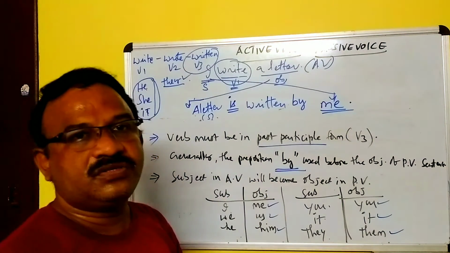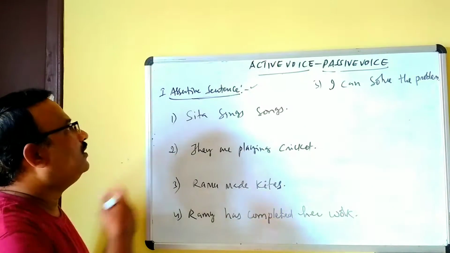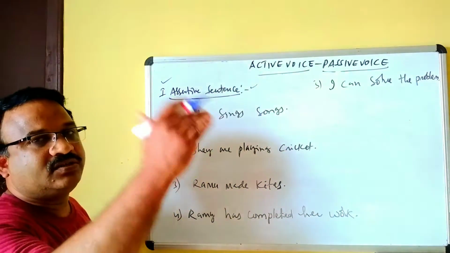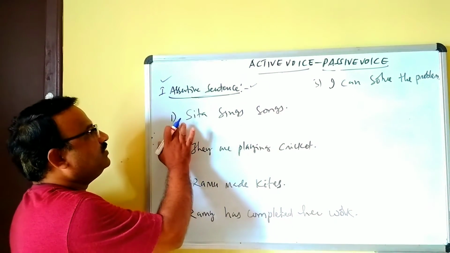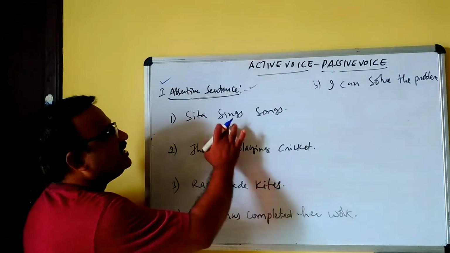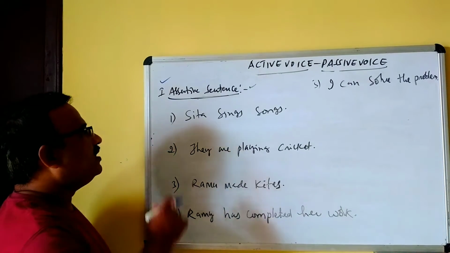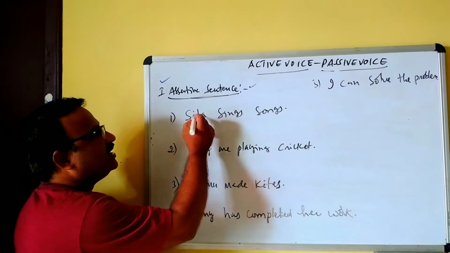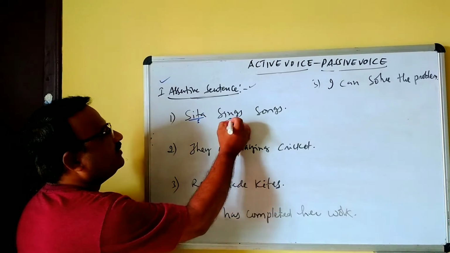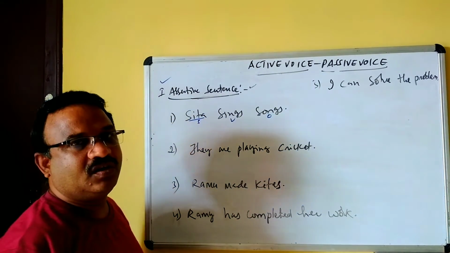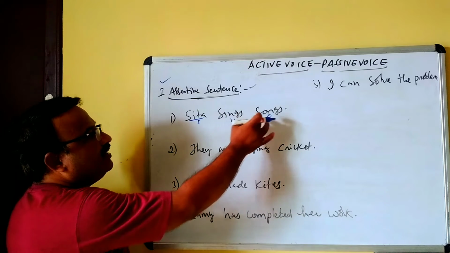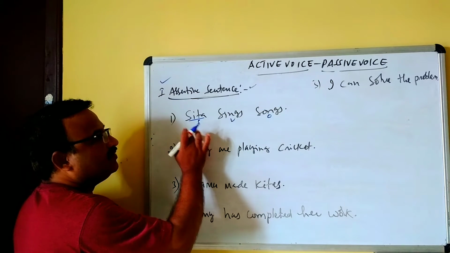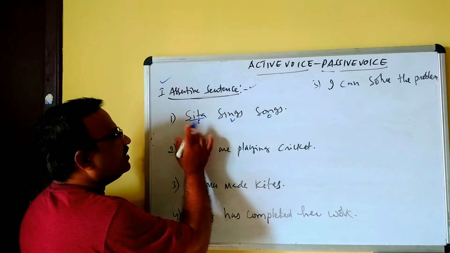Some more examples we will take. Now in assertive sentence, how to change active voice into passive voice. See, in first sentence, Sita sings songs. The first condition, to indicate the subject, verb and object. Already indicated. Next condition, object will become subject of the passive voice.